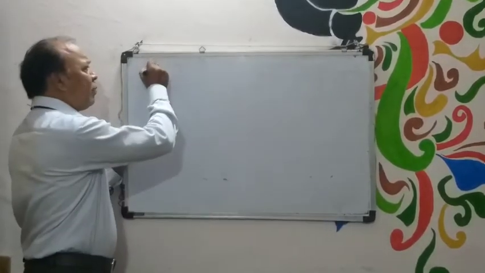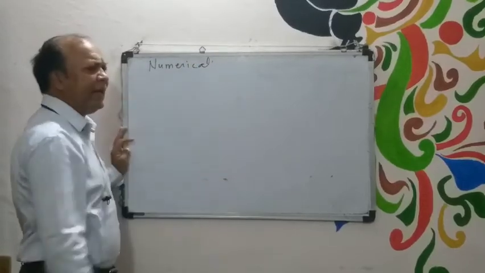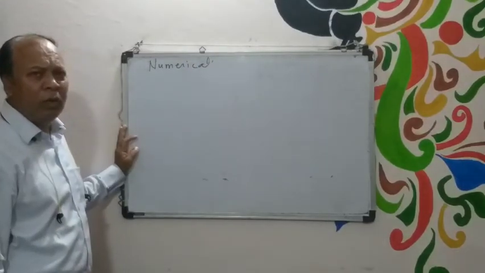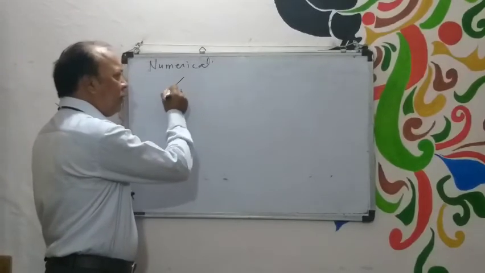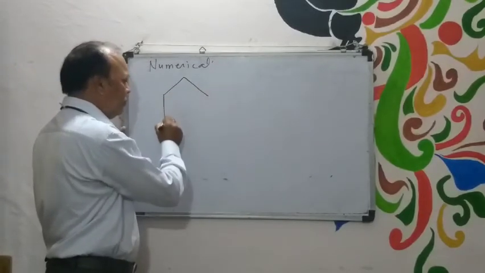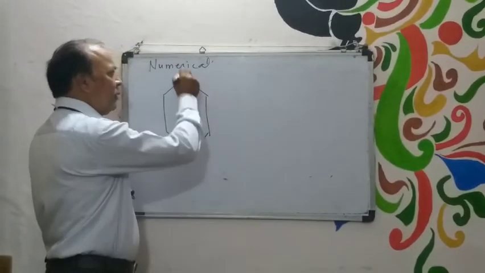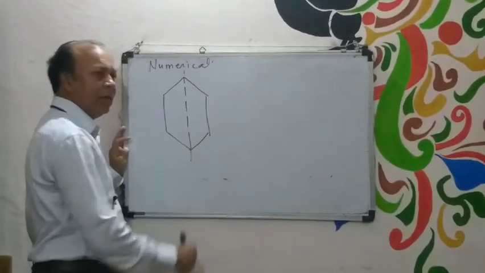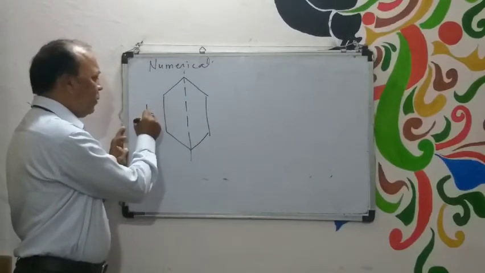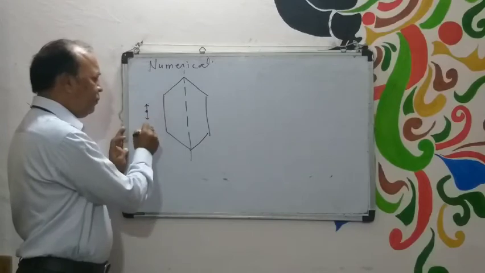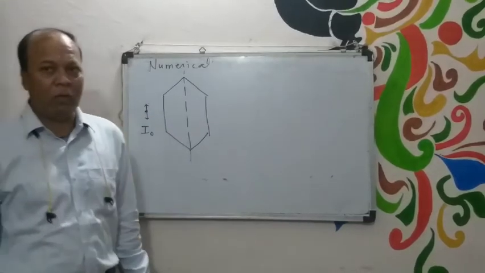For numerical purposes, generally the ratio of the intensity of light passed through an analyzer is asked. Suppose this is a tourmaline crystal, and this is its axis. Here we are getting unpolarized light. The intensity of unpolarized light is, suppose, I0.